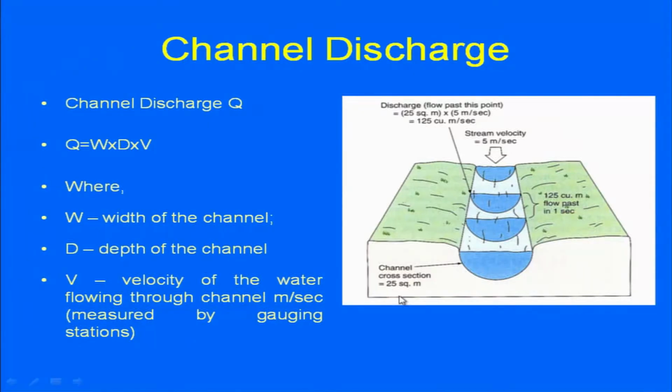If you reduce the cross sectional area of the channel because of the deposition or dumping of the bed load, that will affect the discharge. For example, say the rainfall in the region is constant, the same rainfall.